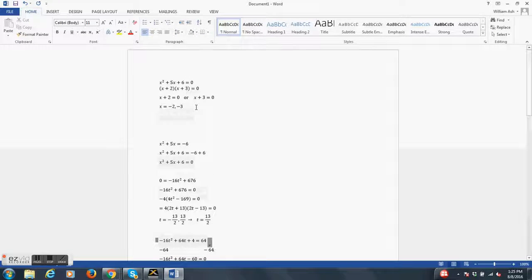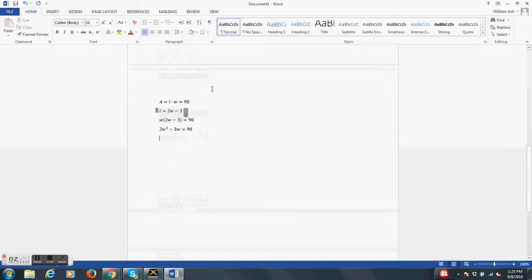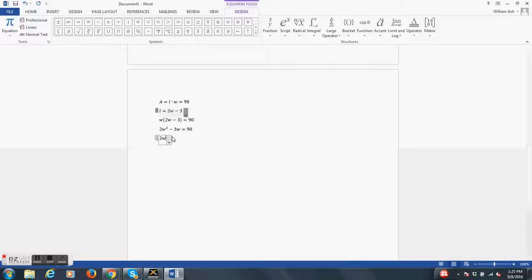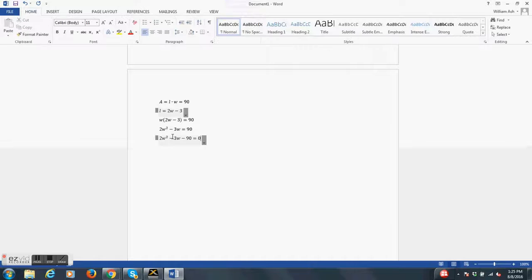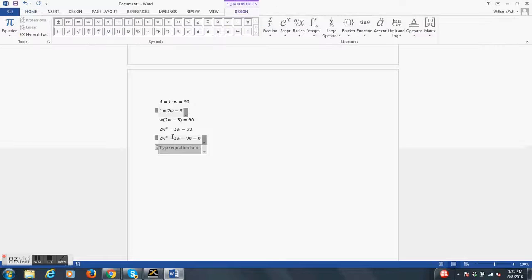The only way this whole thing works, you factor the trinomial, and you get a product of things that are going to 0. So I've got to move the 90 over. Then I guess I factor this.